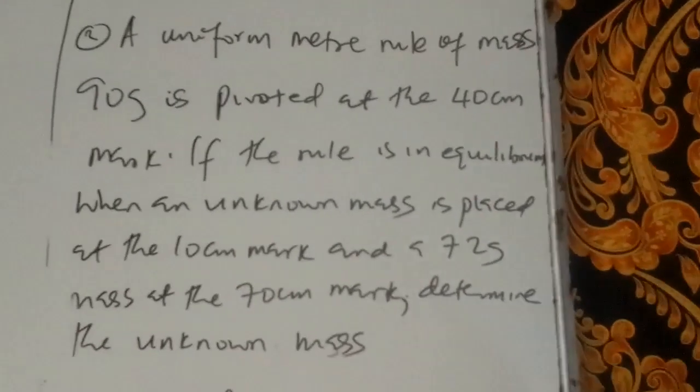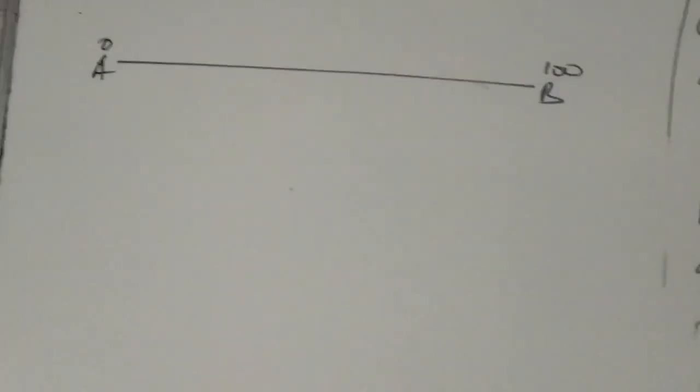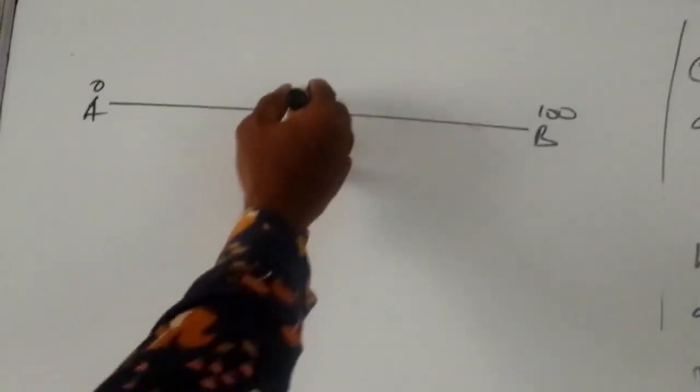For us to solve this number 2, we still have to sketch, following the procedure: sketch the horizontal line, representing the meter rule. Being a meter rule, we know that the length is of course 100 cm, 0 to 100. The next thing we do is to find the center of gravity, which is at the 50 cm mark, half of the rule.